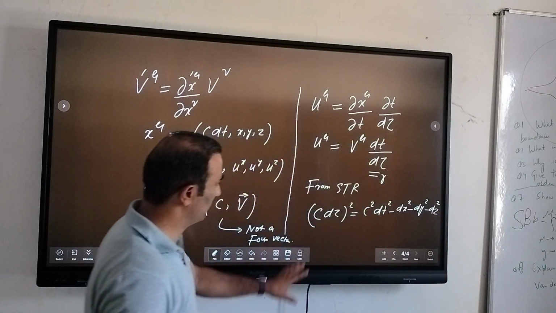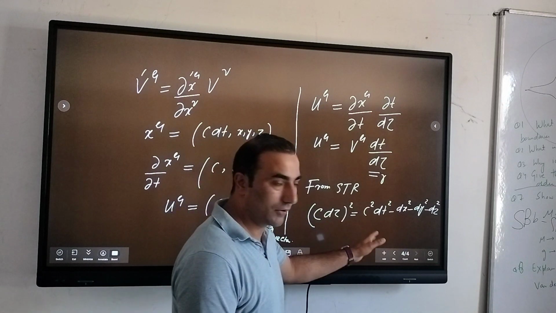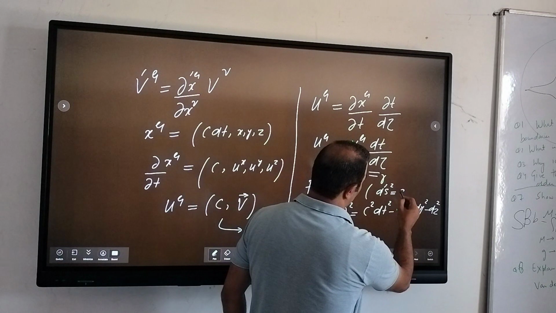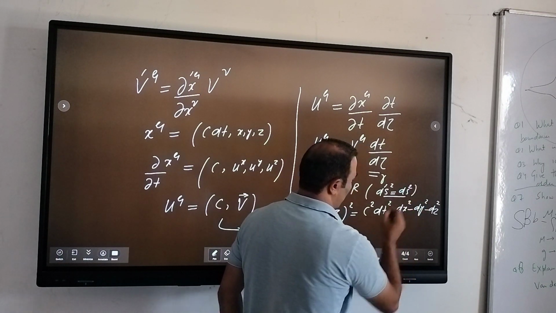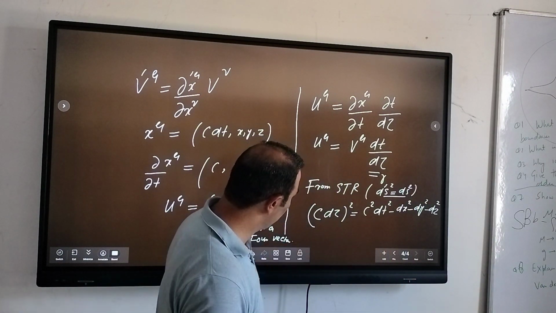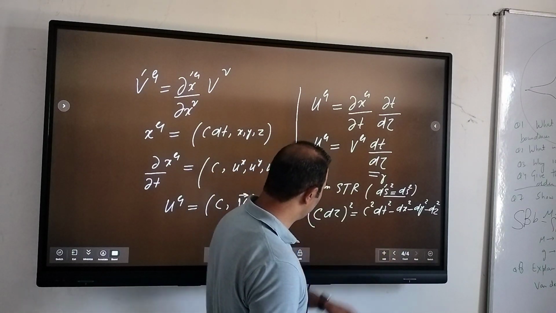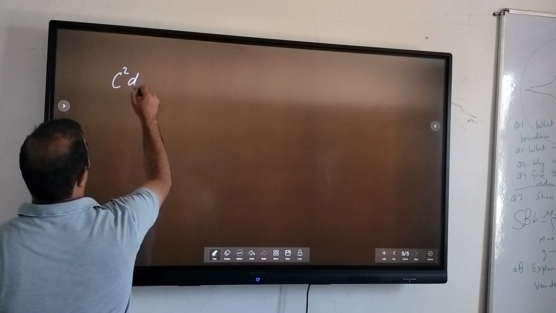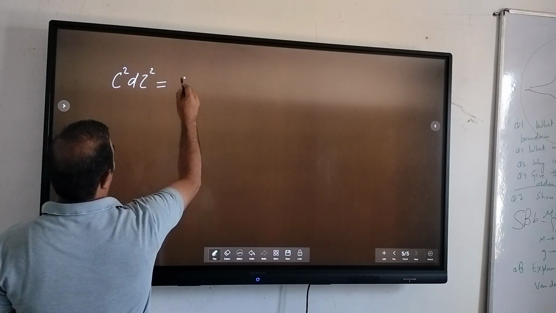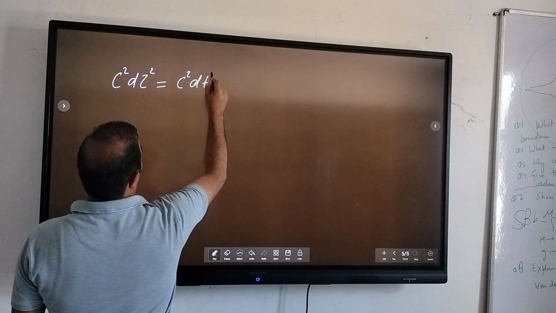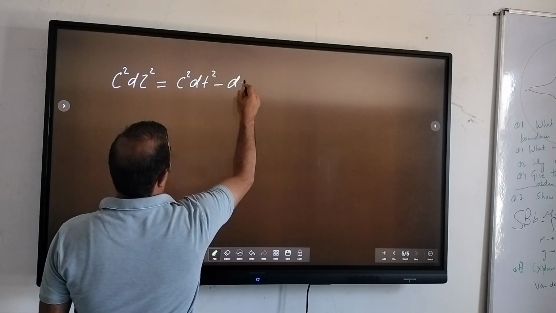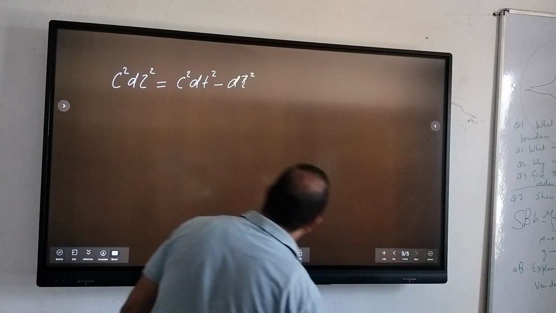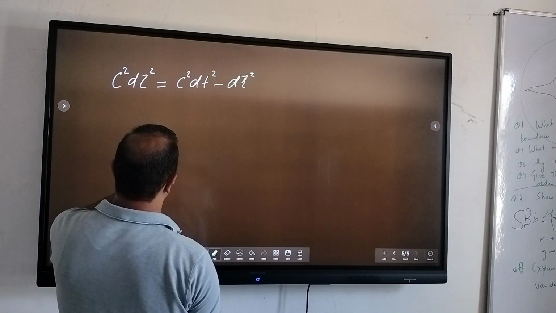So we can have this, right. This is how you can have ds prime square equal to, so we can write it this way, or you can rewrite this as, so this will be equal to, so what I wrote here.